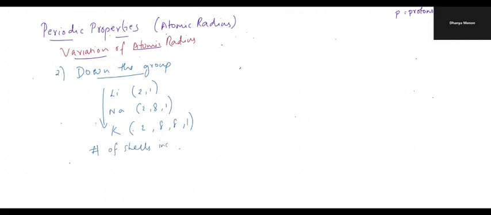What happens to the valence electron, the outer electron? Is the valence electron becoming far from the nucleus? Yes. So the valence electron is far from the nucleus as you're coming down. So what happens to the size? Size increases down the group, or atomic radius increases down the group.